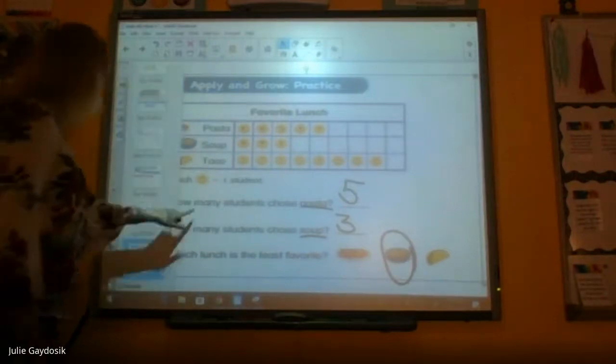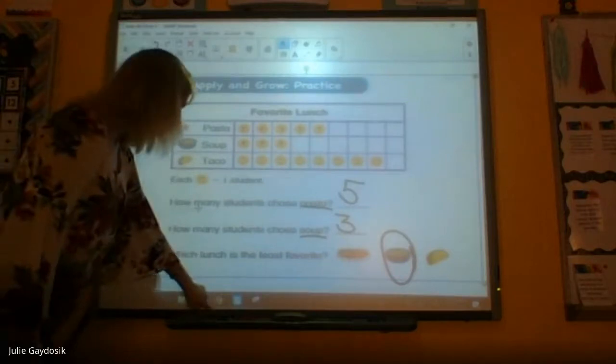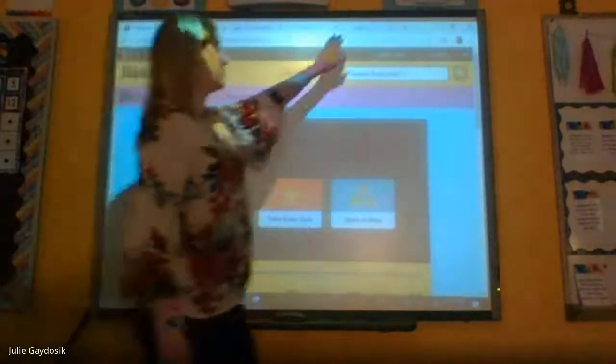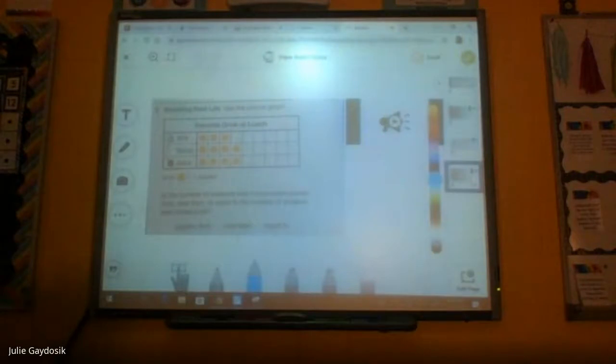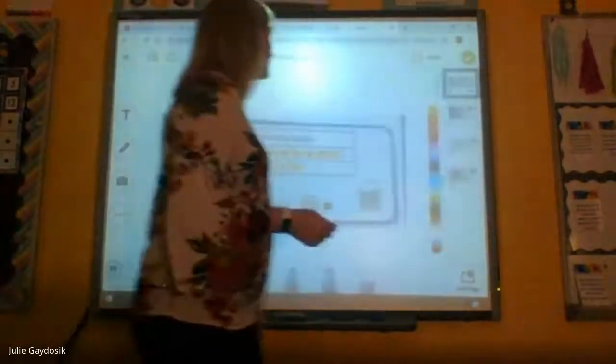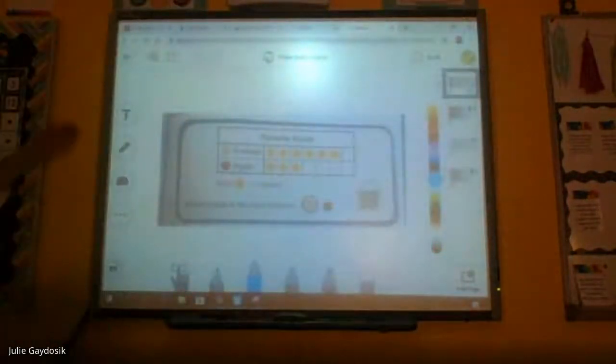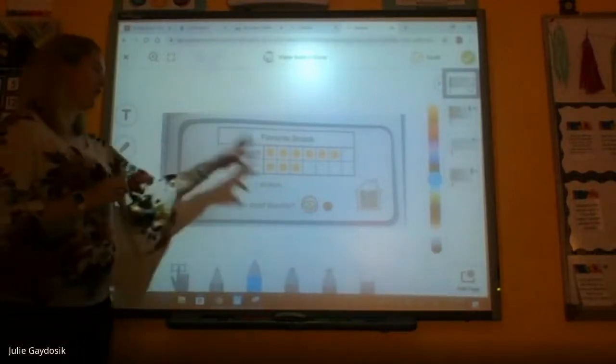Okay, we are moving right along. Now what I want to go over is I actually want to take a look at your Seesaw lesson that you will have today. So what it goes through, this is the first screen you will see, is you will see an example of a picture graph and how to answer the questions. So this is your favorite snack.